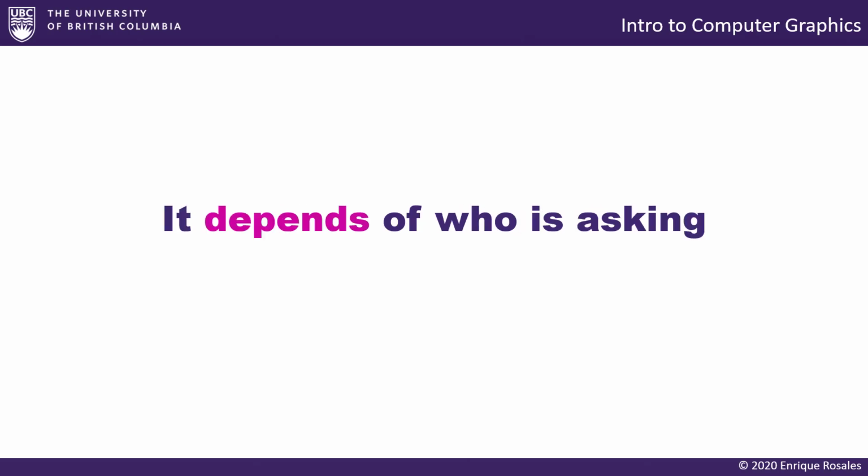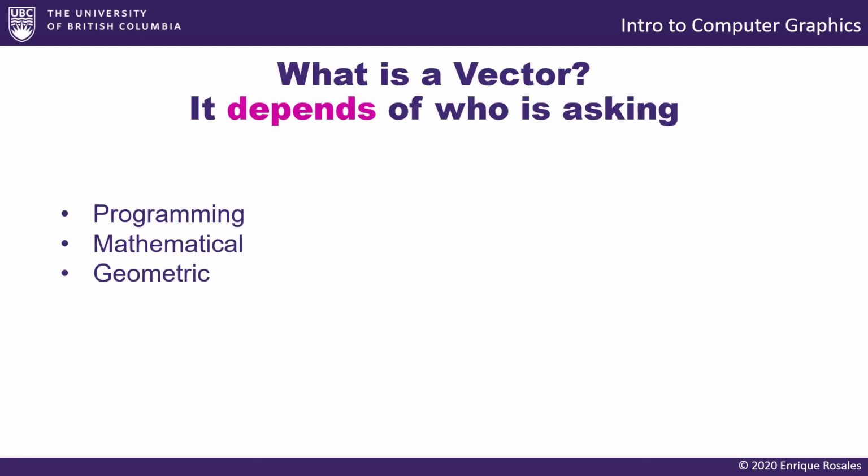So that is what I want to explain right now. I want to explain that the meaning of a vector depends on the perspective from which we are asking this question. So I think this will fix most of the confusion. So the thing is, we have a programming perspective or programming point of view, a mathematical point of view, and a geometric point of view, right? And depending on what we are talking about, we can have different interpretations, right?